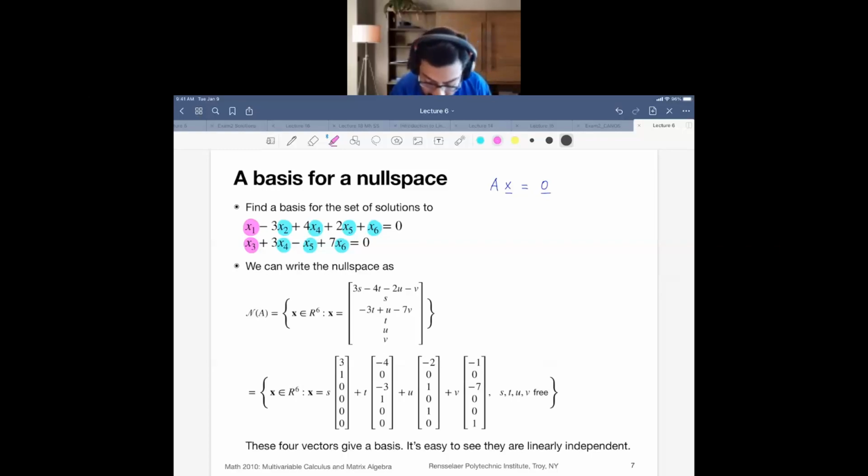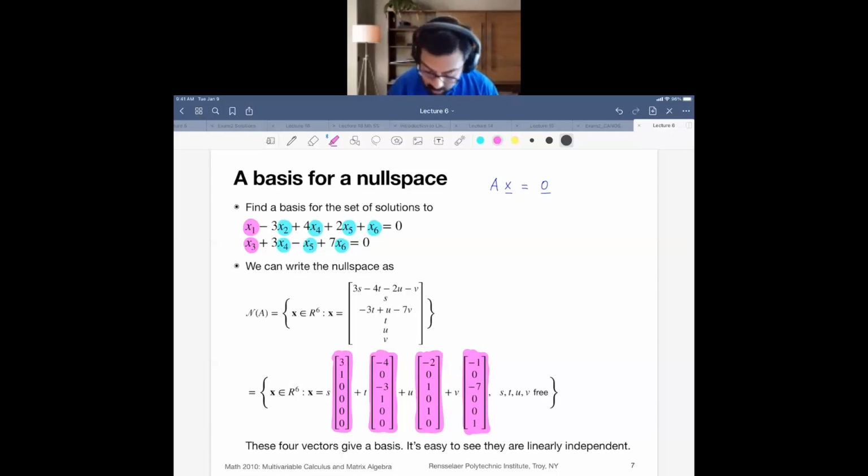The basis of my null space has 4 vectors: vector 1, 2, 3, and 4. They belong to a spanning set, and they are linearly independent. So that's the smallest spanning set with linearly independent vectors.